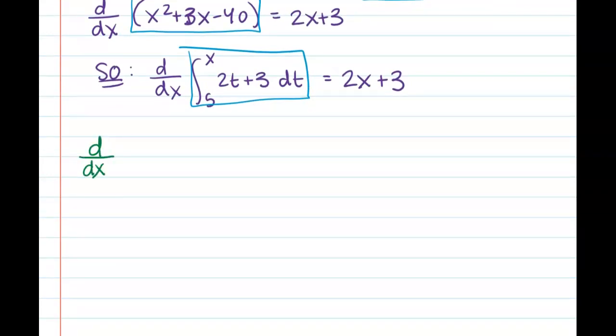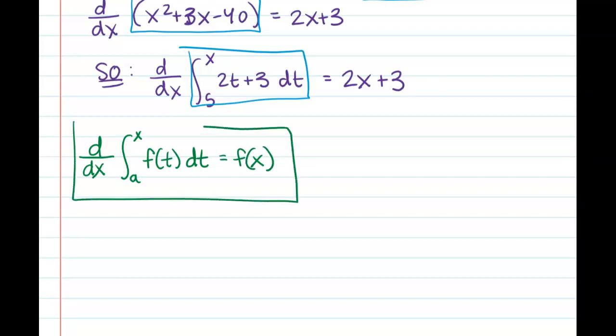The derivative of the integral from a to x, so any constant to x, of f of t dt, you just get f of x. Just plug the x right in.